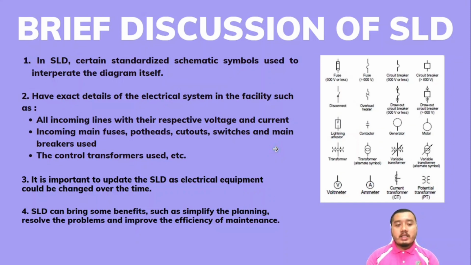Next, SLD also has the exact details of the electrical systems in the facility, such as all incoming lines with their respective voltage and current, incoming main fuse, pot heads, cutouts, switch and main breakers used, the control transformers used, etc. It is important for us to update the SLD as the electrical equipment could change over time, whether added or removed. SLD can bring some benefits such as simplifying the planning, resolving problems, and improving the efficiency of maintenance.